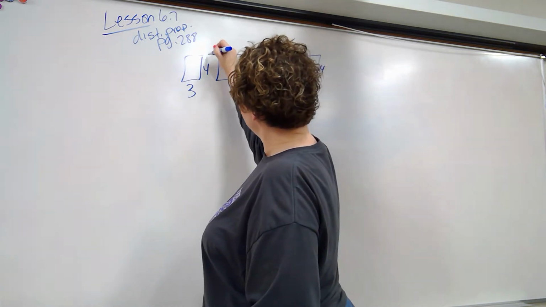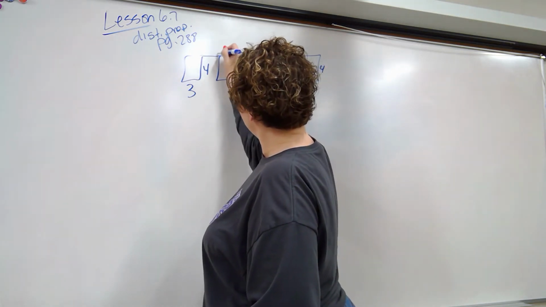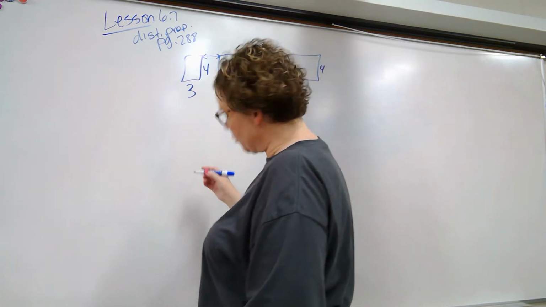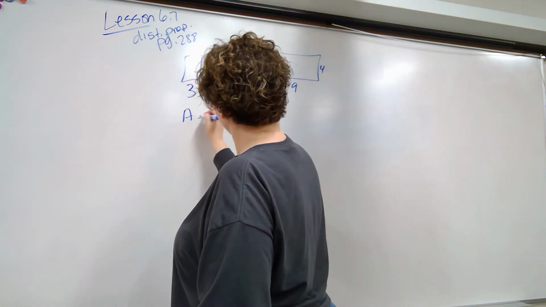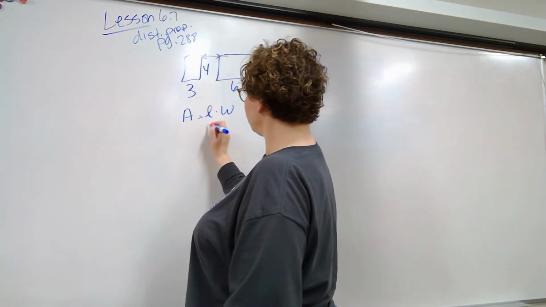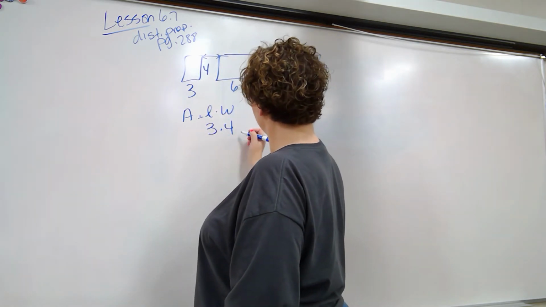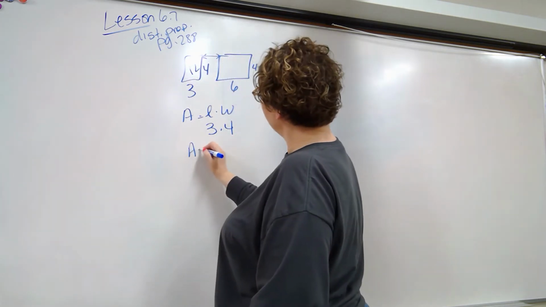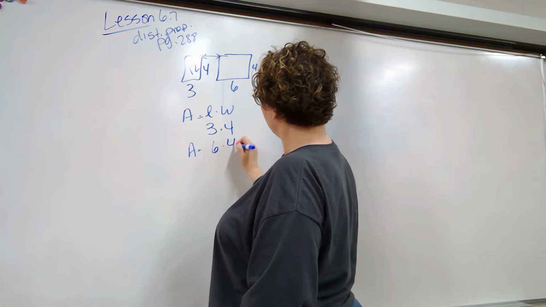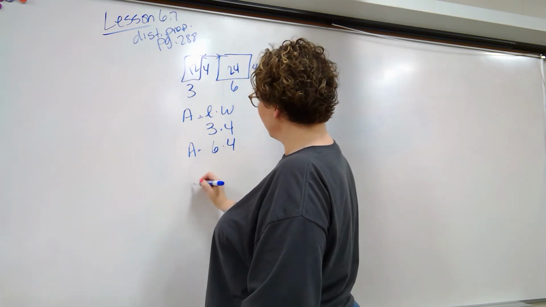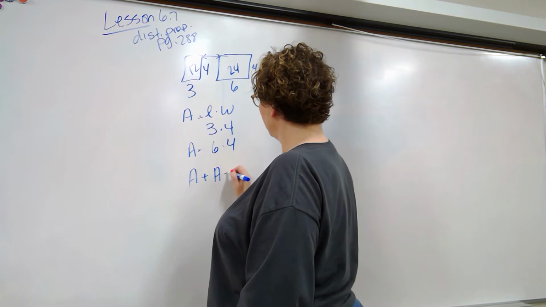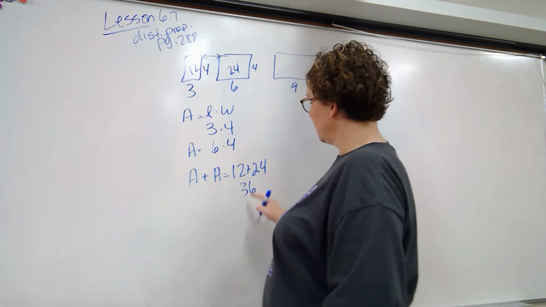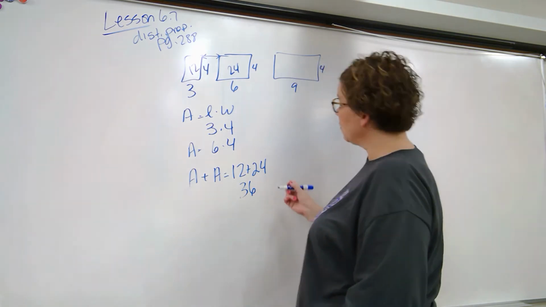Area is length times width. 3 times 4 is the area for this, which is 12. And the area for this one is 6 times 4, which is 24. If I add those two areas together, I get 12 plus 24, which is 36. Everybody agrees with that?